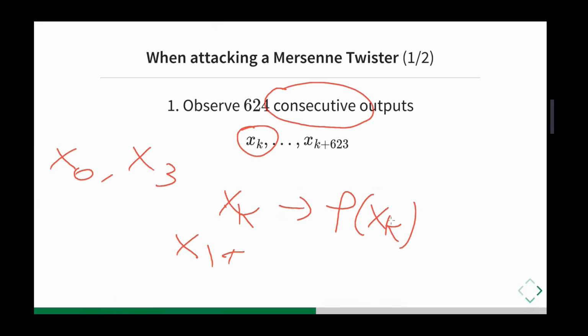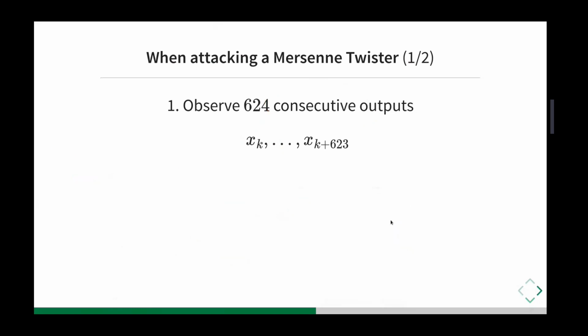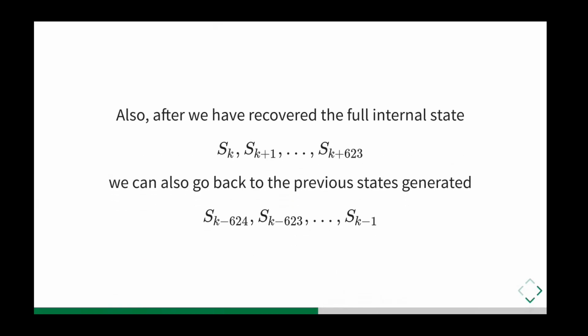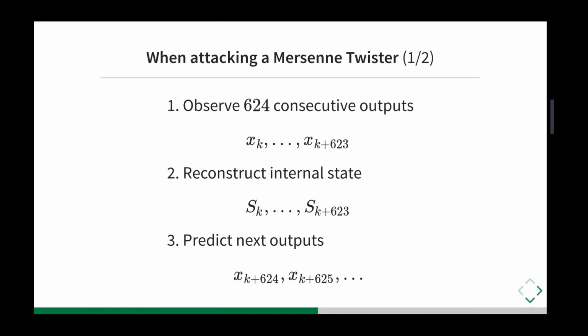But it adds a layer of complexity that we are not assuming here. Here we're assuming basic things. So I observe the outputs, I reconstruct the internal state, and then I can predict the next outputs. So this is like observe, reconstruct, and you can predict the future. Because once I have the full state, I can synchronize and then I can go forward.